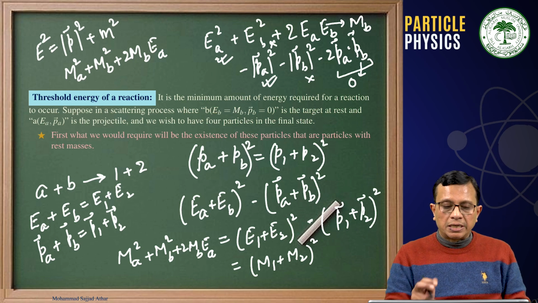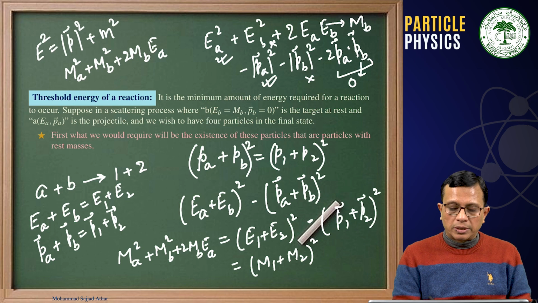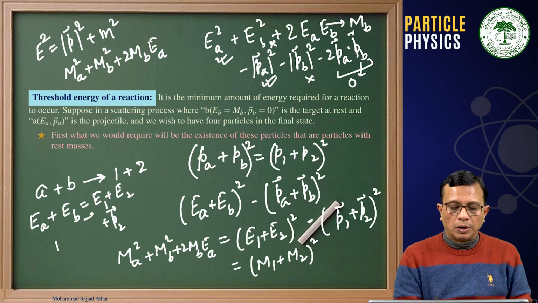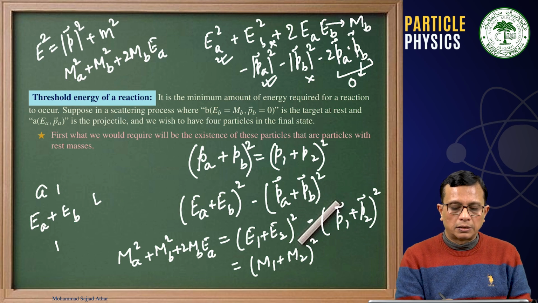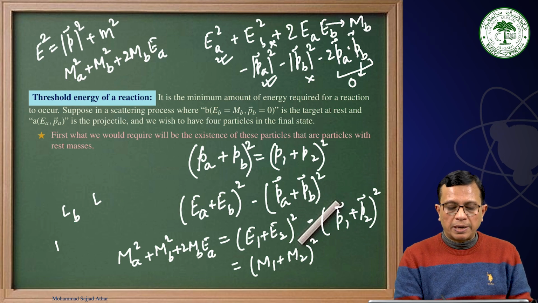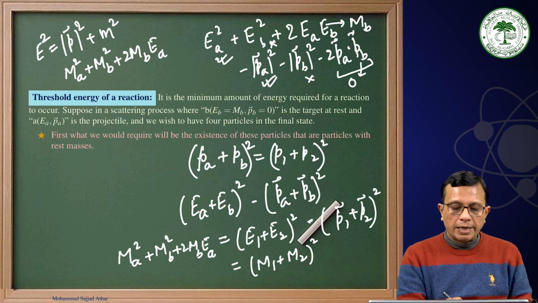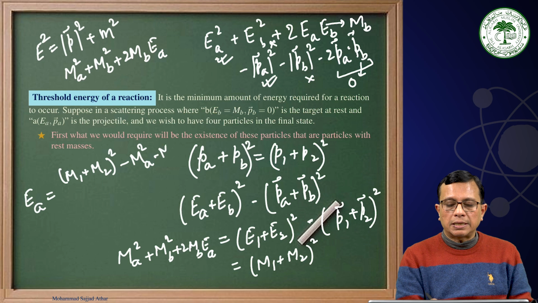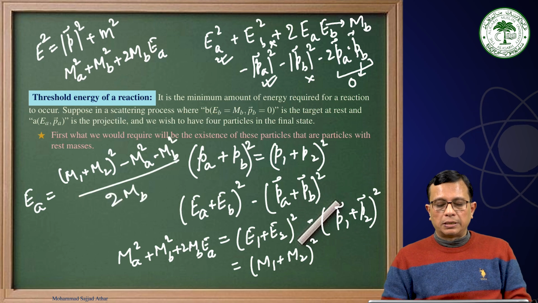Therefore, as you can notice, we can write EA as equal to M1 plus M2 whole square minus MA square minus MB square, upon twice MB.